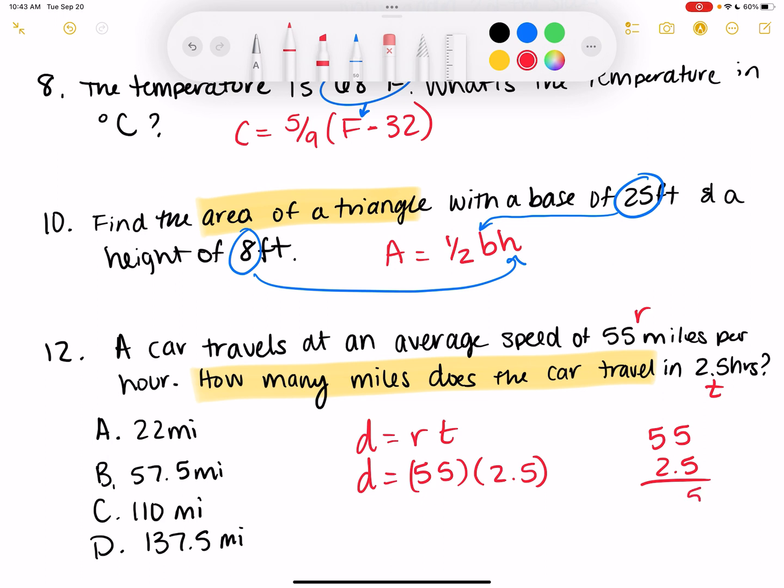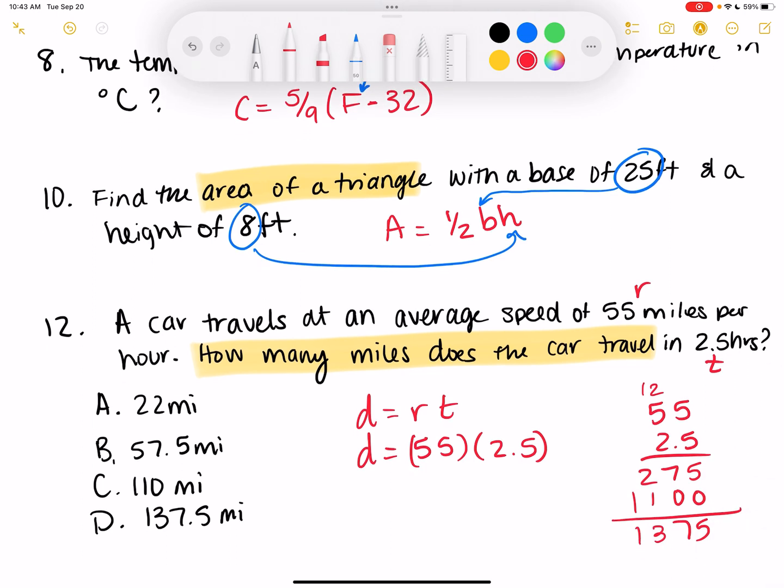So that's going to be 25, carry the 2, 25 plus 2, 27. 0, it's going to be 11, so then add 5, 7, 3. So then we had one decimal place, so I'm going to move the decimal over 1, so 137.5 is how many miles the car traveled in 2.5 hours, so the answer is D.